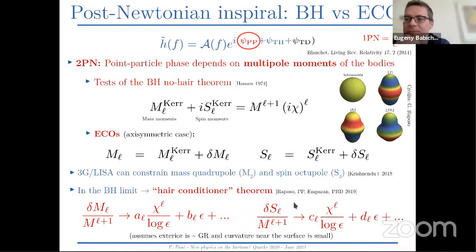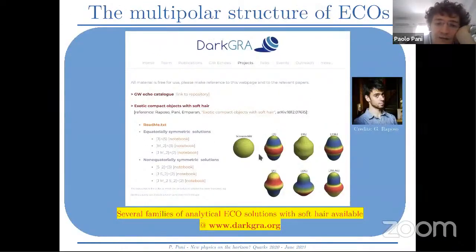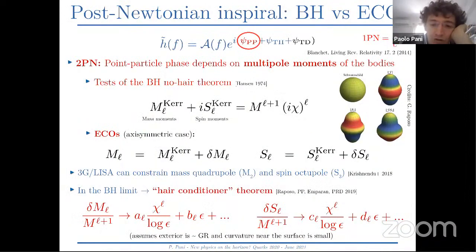Yeah, I was a bit fast here, sorry. So what we did here was to build solutions within GR, so assuming GR in the exterior, that are arbitrarily deformed. Essentially these solutions can have a spin, a generic quadrupole moment, or a combination of them with different moments. So these are perturbative solutions, but analytical ones within GR.